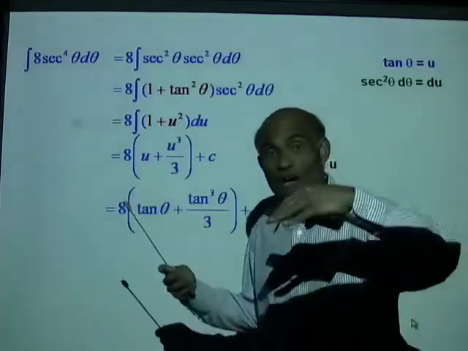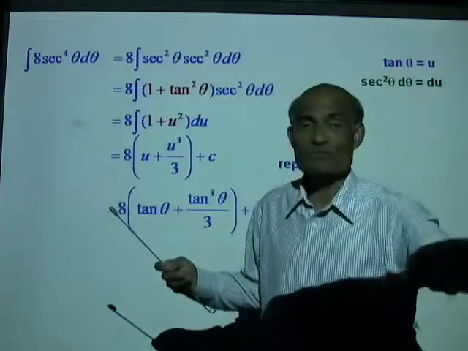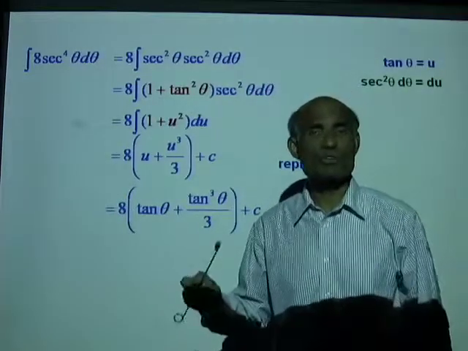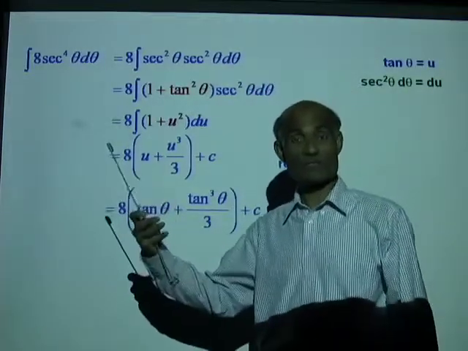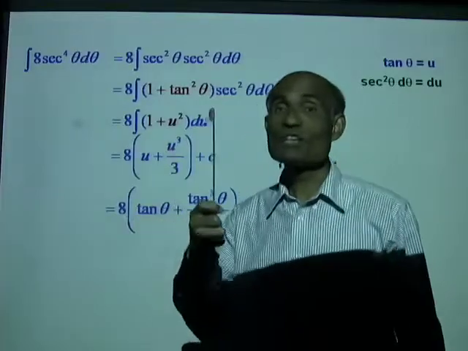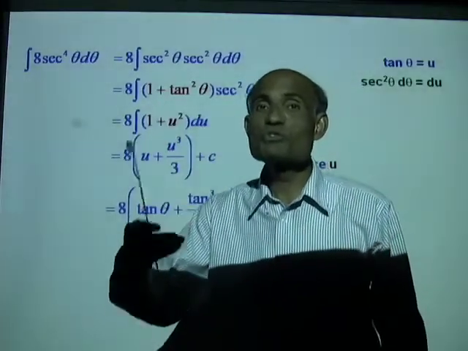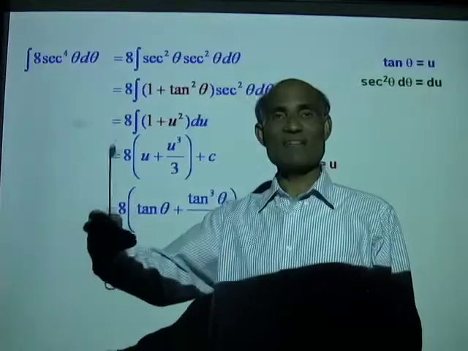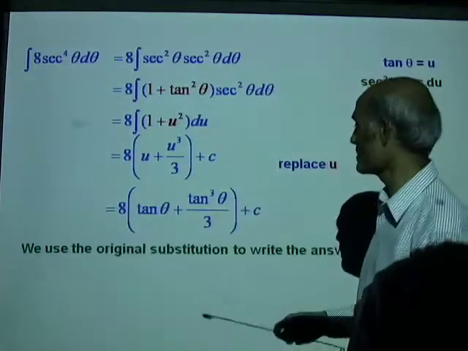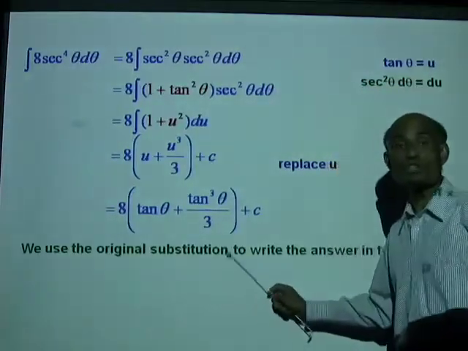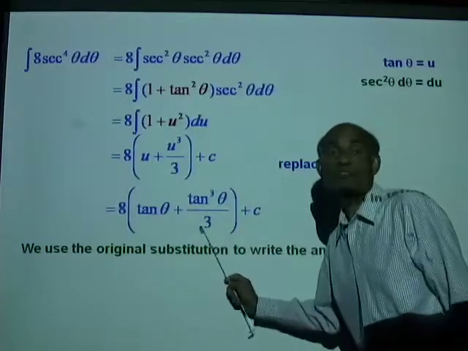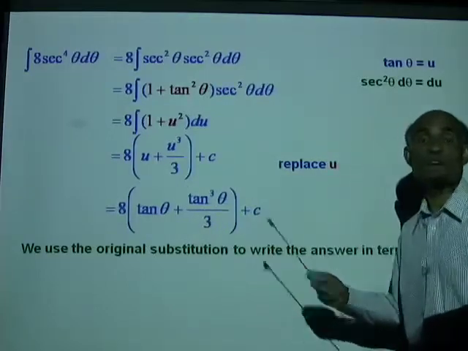So we now go back to our original substitution. You remember our original substitution when we started? Yes, it is x equal to 2 secant theta. That was our original substitution. So we used the original substitution to write this result in terms of x.